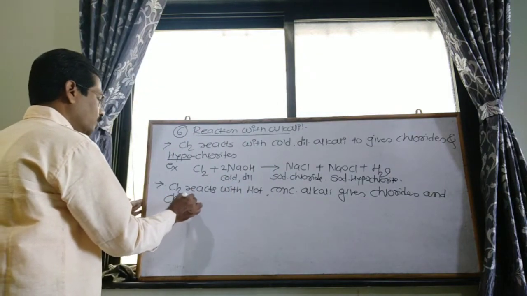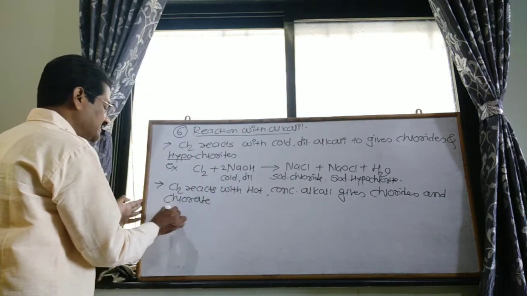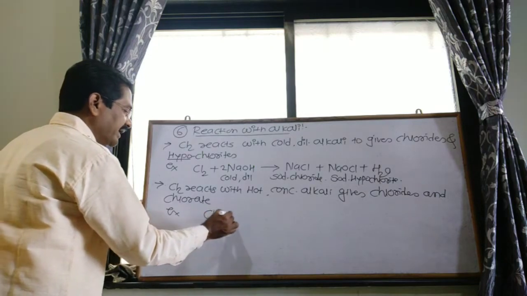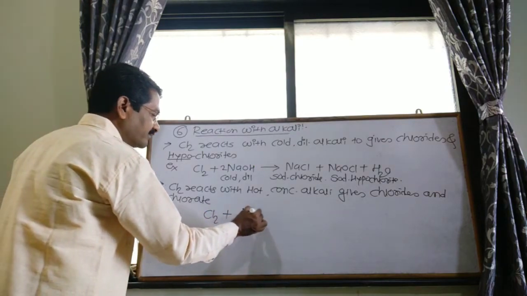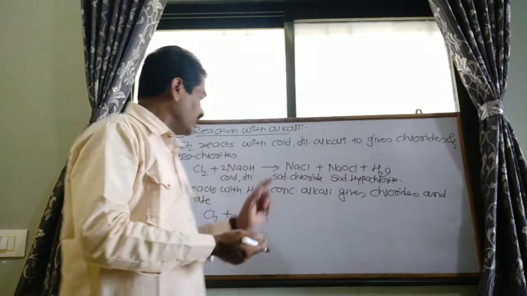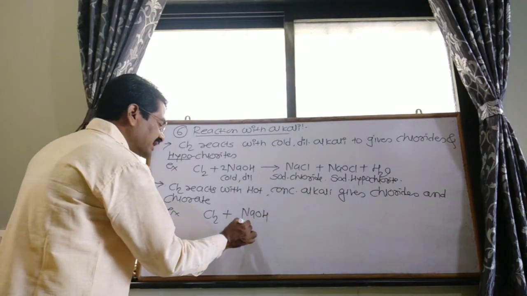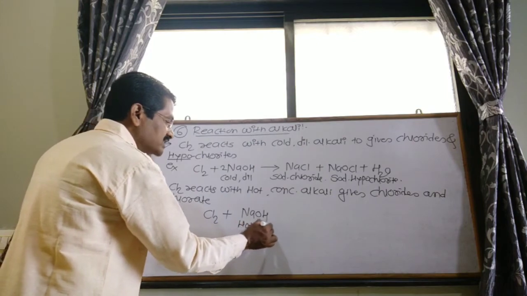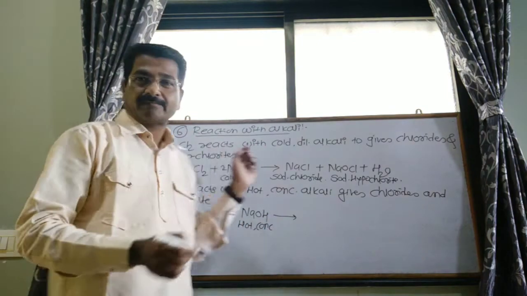Chlorides and chlorate. For example, chlorine reacts with alkali, sodium hydroxide, NaOH, in hot and concentrated condition.